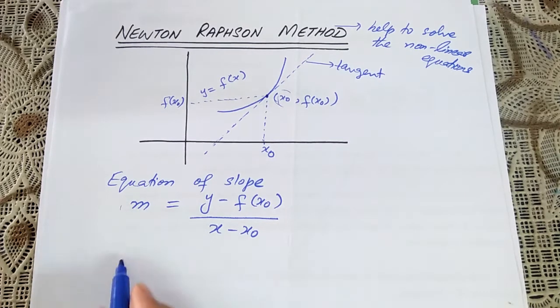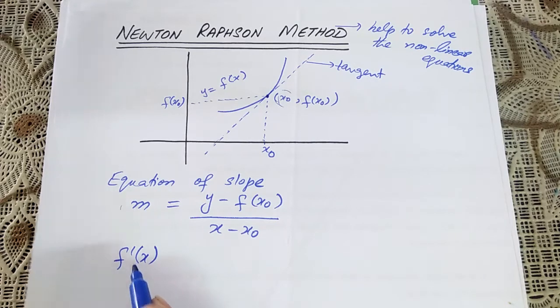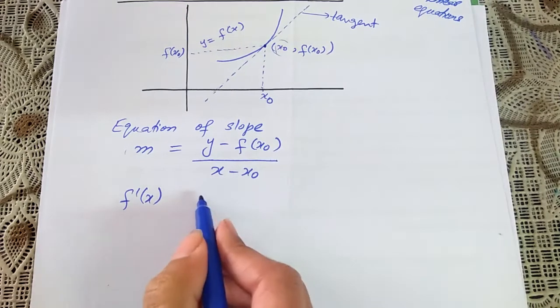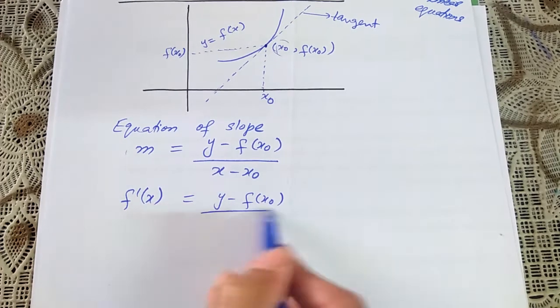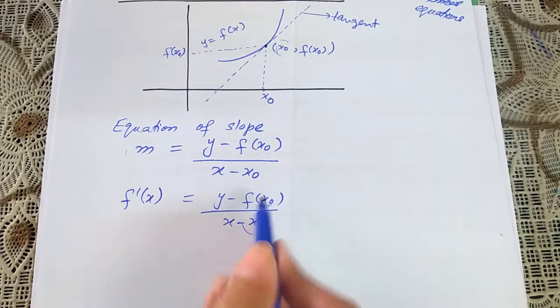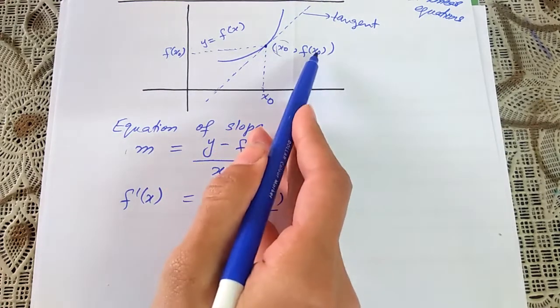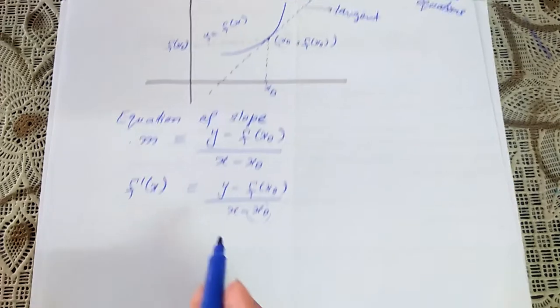This slope can also be represented in terms of the derivative. So we will write f dash of x equals y minus f of x0 divided by x minus x0. This x0 is that particular point on which we are finding some function value. Now rearrange it.